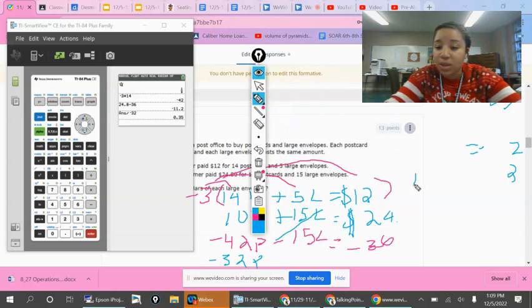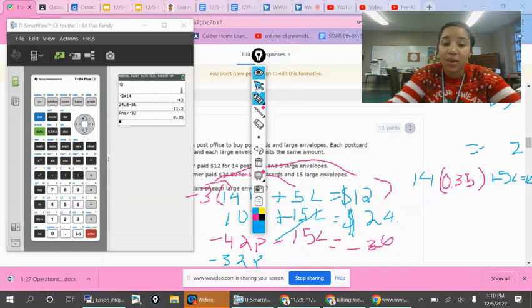So I'm going to do 14, and the P for postcards is going to be 35 cents, 0.35, plus 5L equals 12.